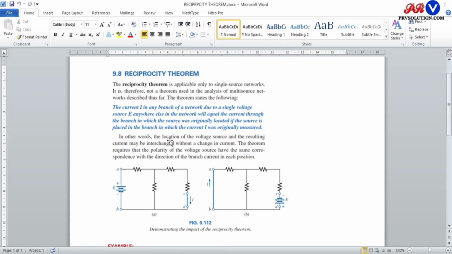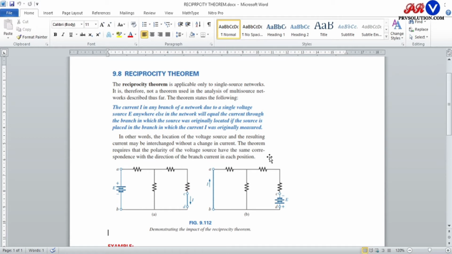In other words, the location of the voltage source and the resulting current may be interchanged. The theorem requires that the polarity of the voltage source have the same correspondence with the direction of the branch current in each position. So this is the reciprocity theorem definition.